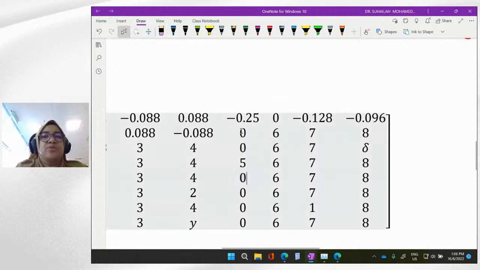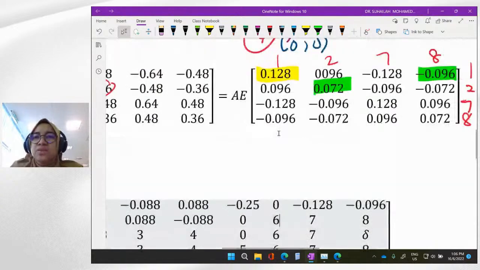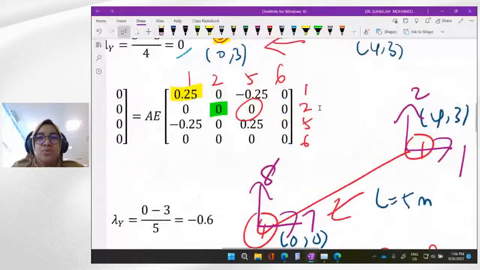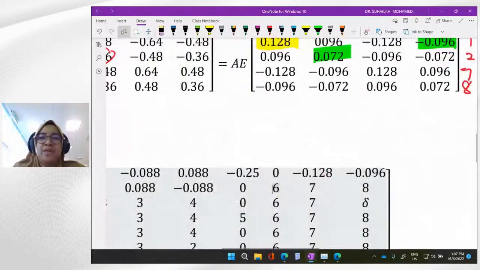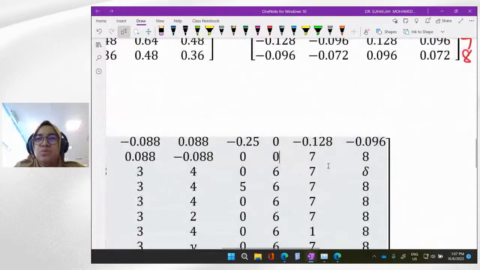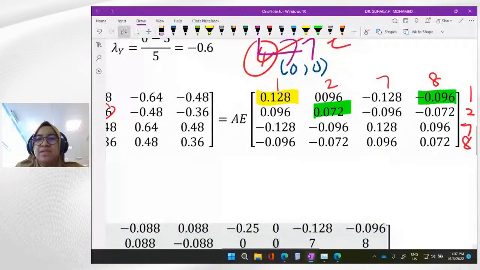Okay, so we try to complete until line number 3. We continue. This is 2, 2, 2, 3, 2, 4, 2, 5, 2, 6. Let's find 2, 6. 2, 6 is 0. 2, 7 is negative 0.096.